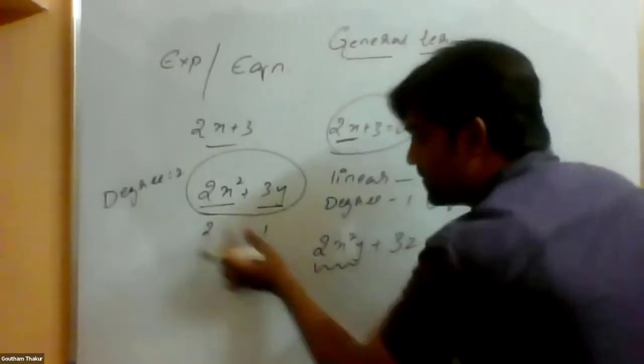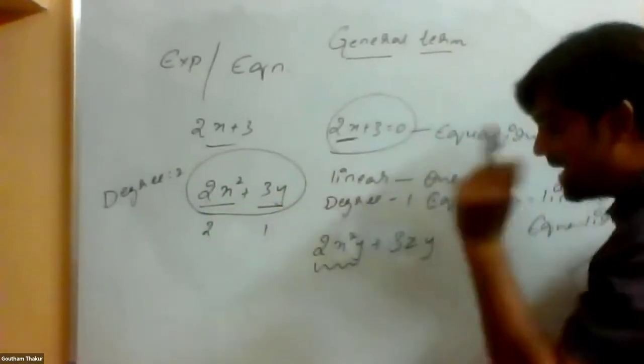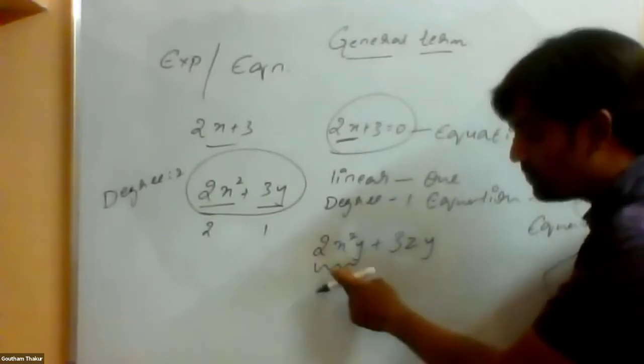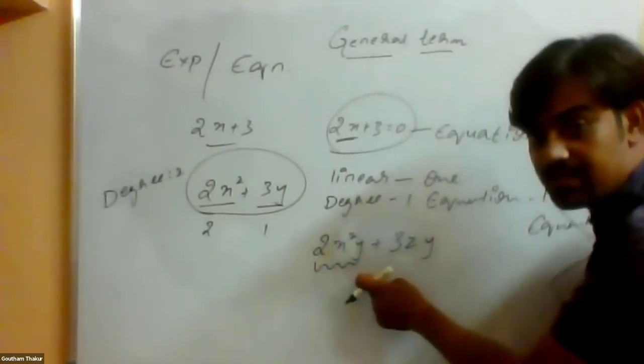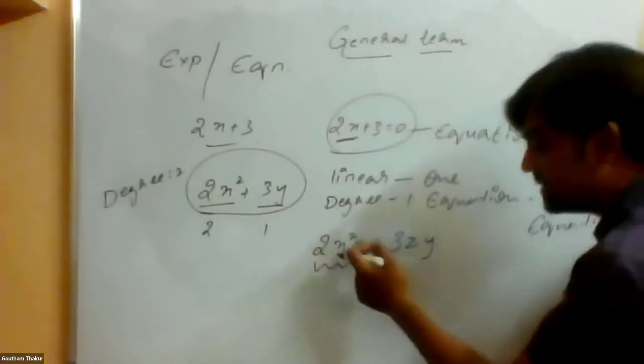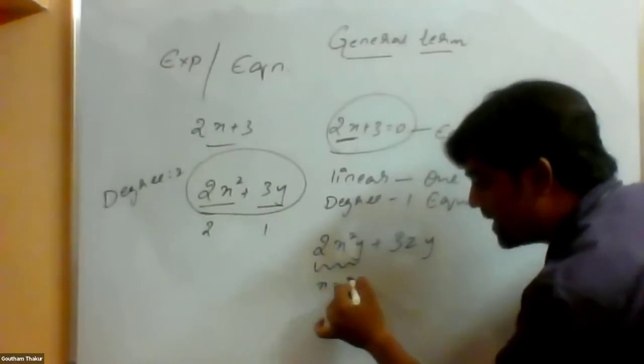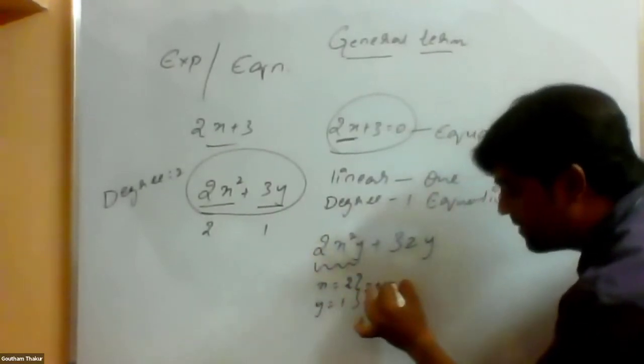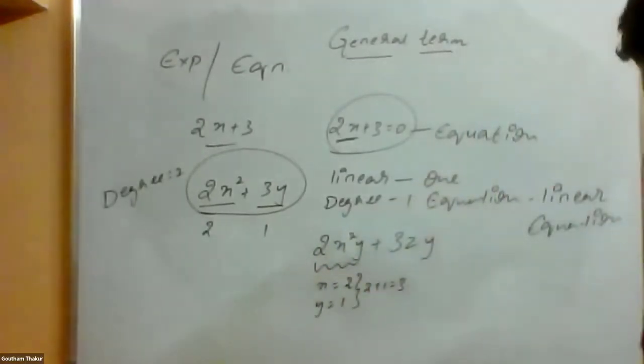When I have a term with two individual variables with a product sign, the degree of x is to be calculated, and then the degree of y. The sum of the degree will be 3.